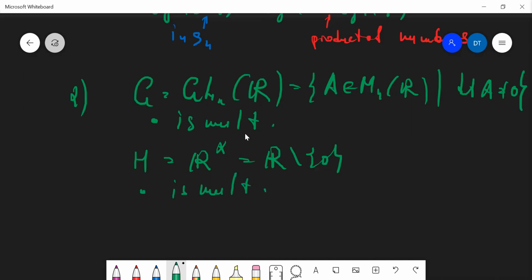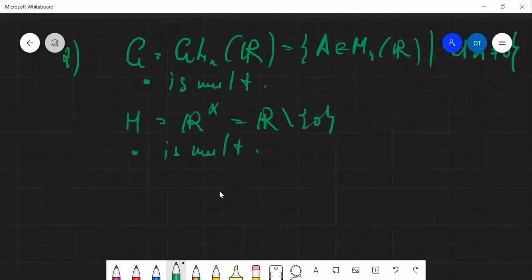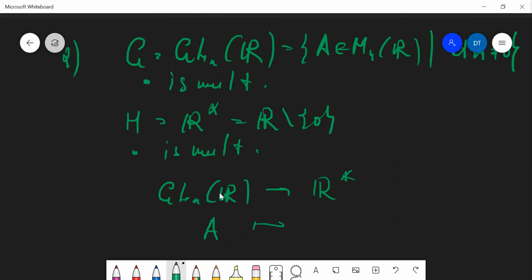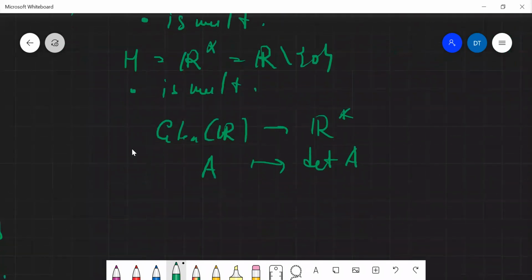So here is a multiplication of matrices, and here the operation is a multiplication of numbers. And now we have a map from this set of matrices to non-zero numbers, which takes each matrix A to its determinant. So why is this map a homomorphism?